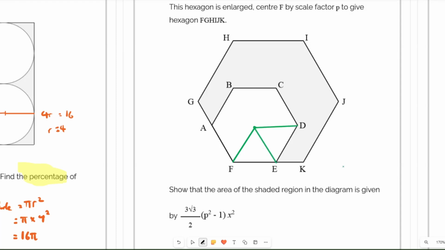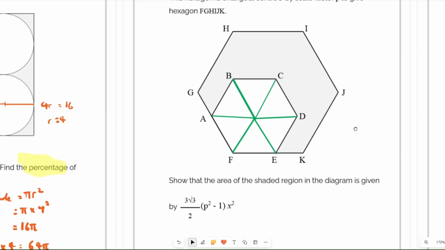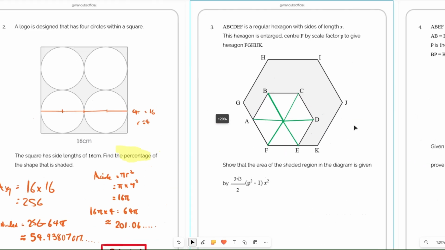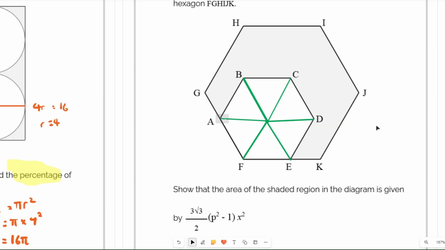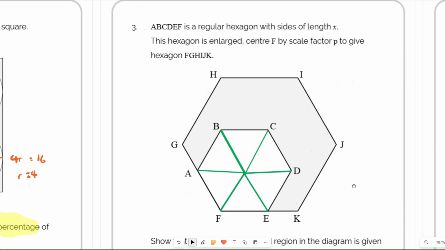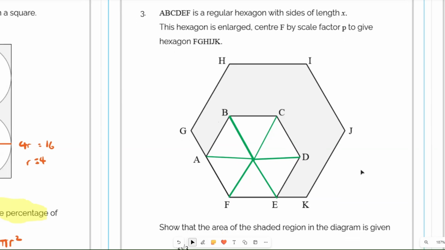Now, these triangles are actually going to be equilateral, because all sides are the same. I mean, it doesn't really matter actually if it's equilateral or not. There is an equilateral triangle area formula, but we're just going to be sticking with half AB sine C. So we know that side lengths are x. So we can say that this is x, this is x. Oh yes, I remember why it's equilateral now.